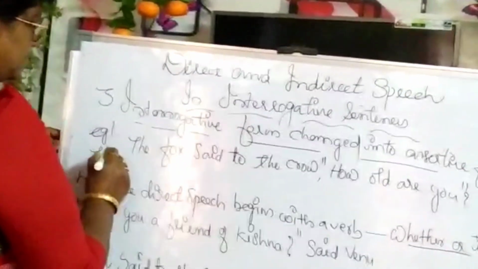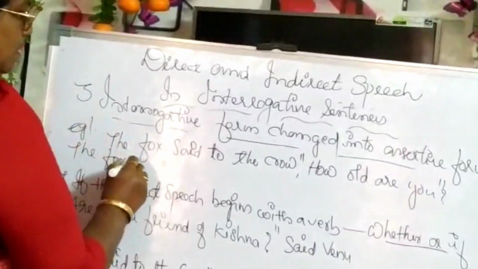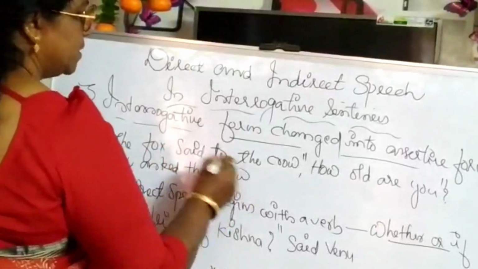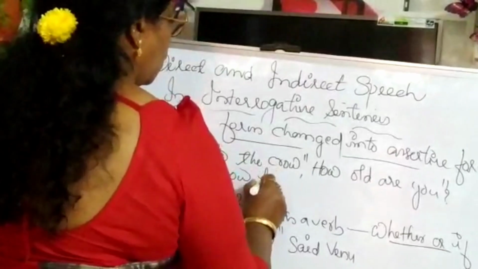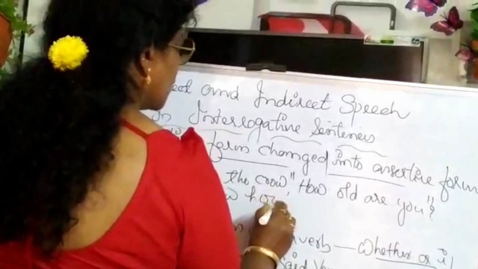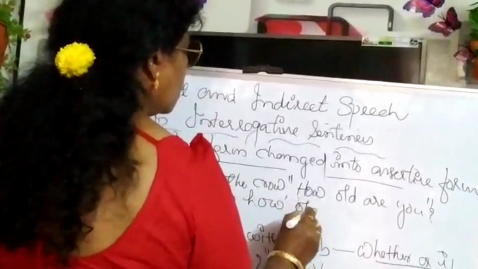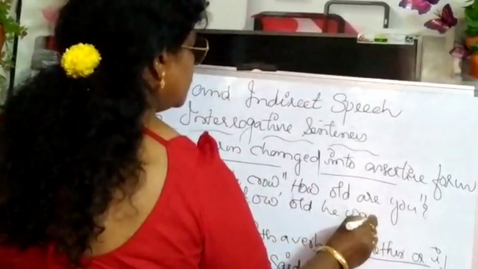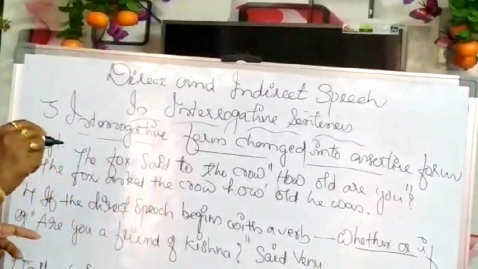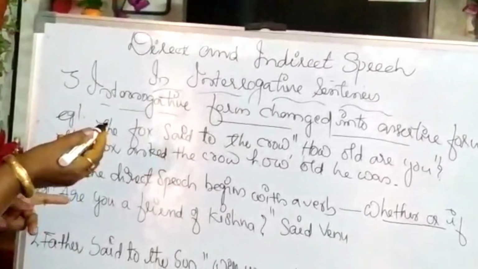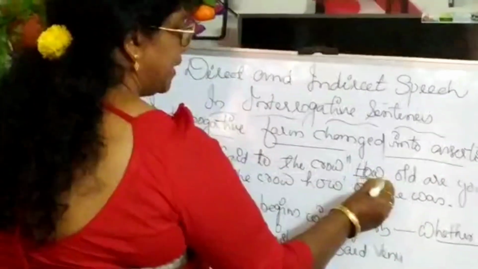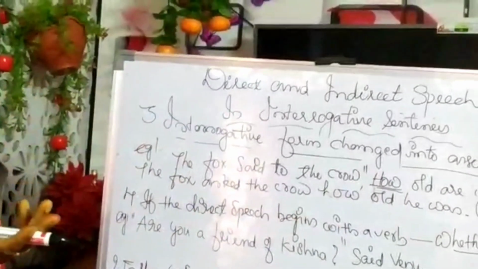The fox asked the crow how old he was. Then, if the direct speech begins with a verb, here all the direct speech began with interrogative pronouns.